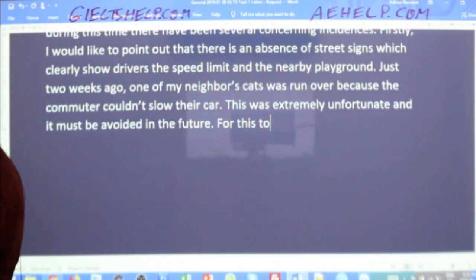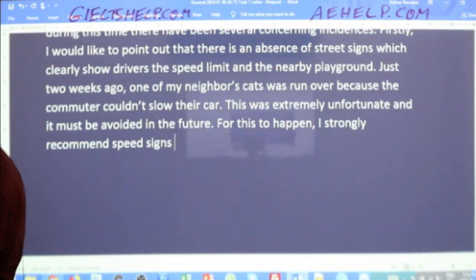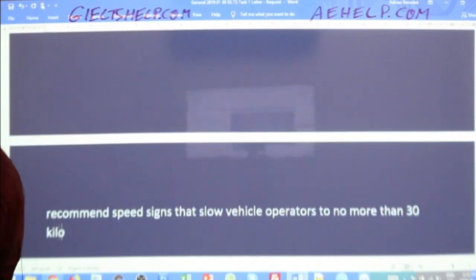For this not to happen, I strongly recommend speed signs that slow vehicle operators to no more than 30 kilometers per hour.